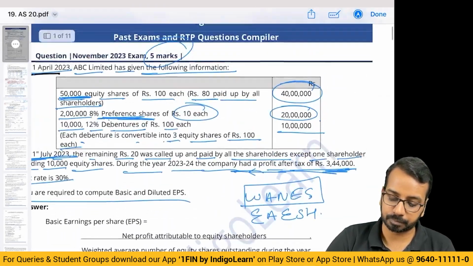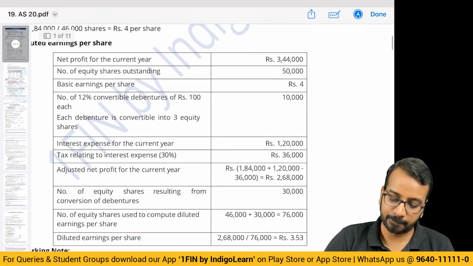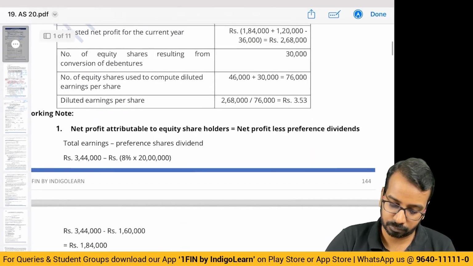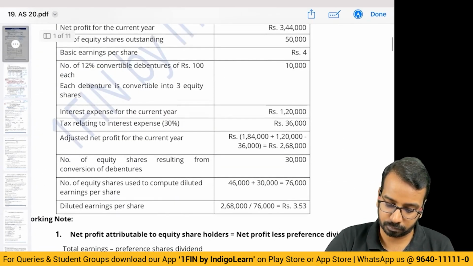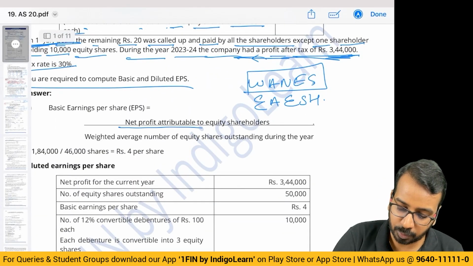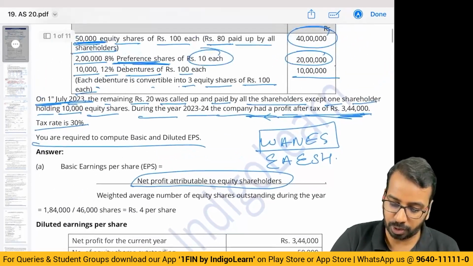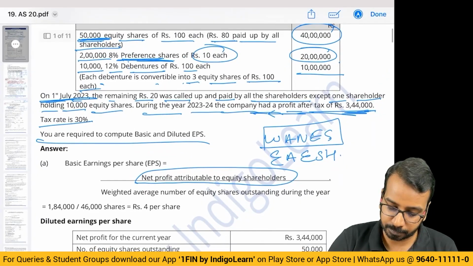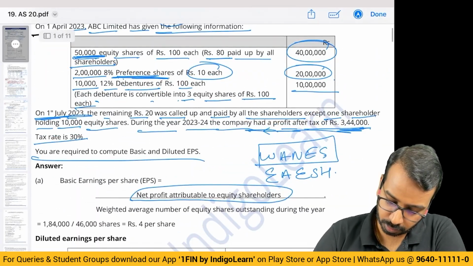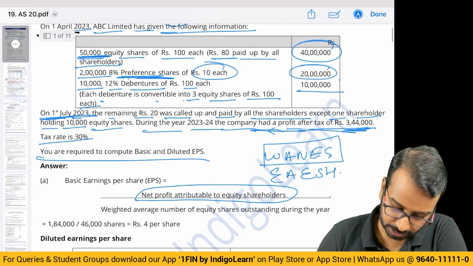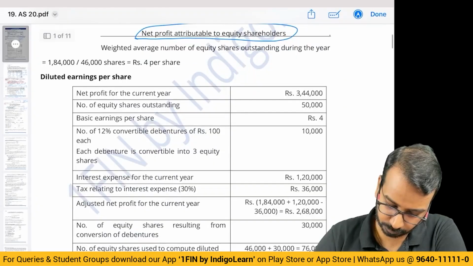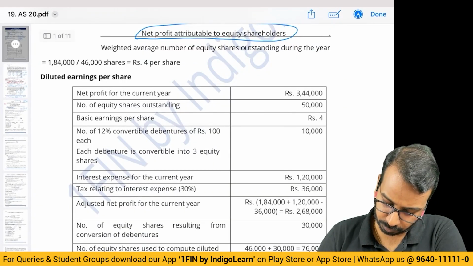So for basic earnings per share, net profit attributable to equity shareholders, so this is, I think, a printing error in this question itself. Net profit is 344.